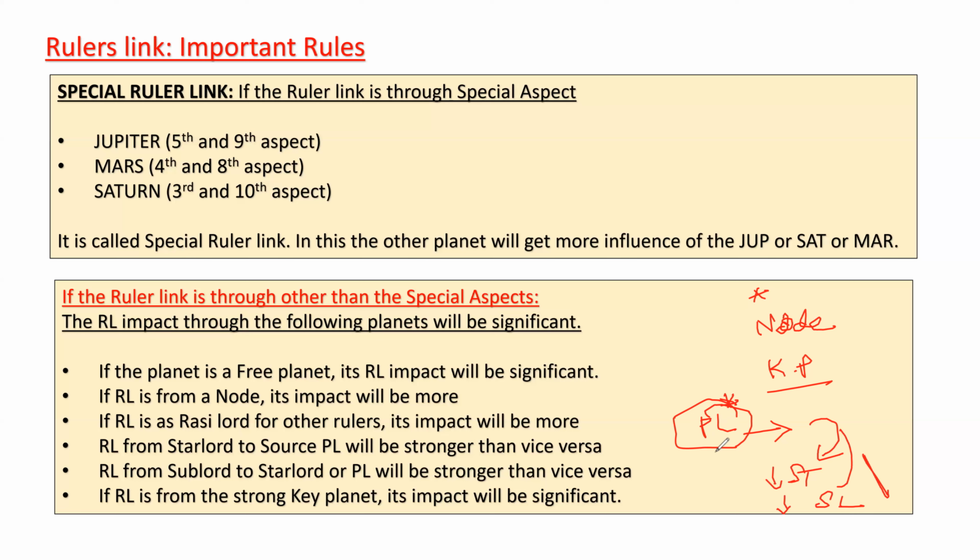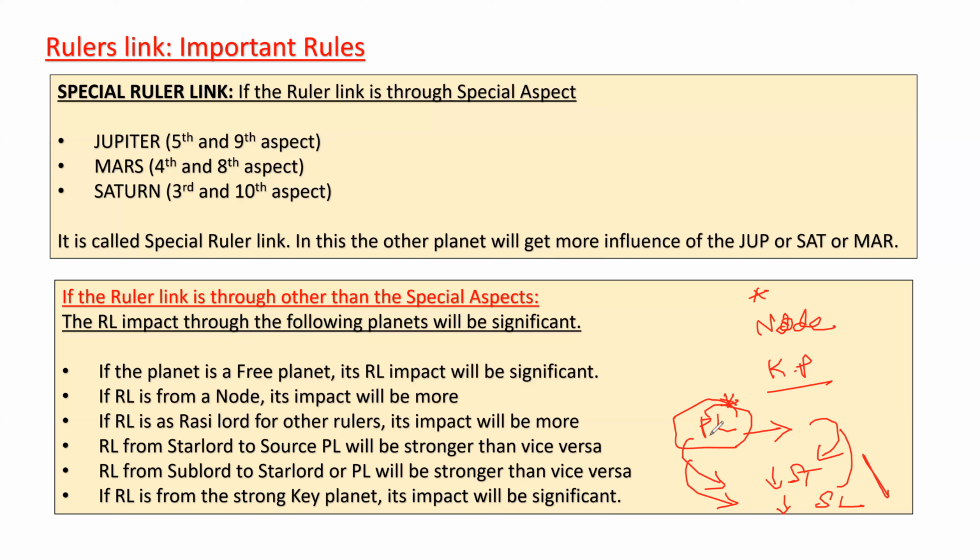It means a significant planet that is forming ruler link to the star lord and sublord. The favorable strength of that particular source planet is giving some strength to the star lord and sublord by way of supports. The influence of the unfavorable impact of the star lord and sublord will be reduced by the good key planet, the source planet, through the ruler's link. I hope you would have understood the importance of the ruler's link.